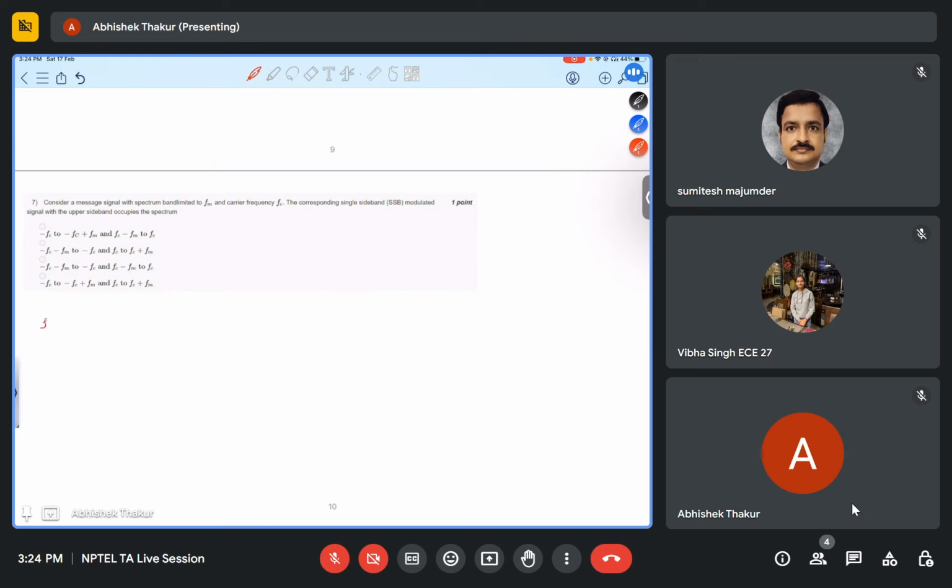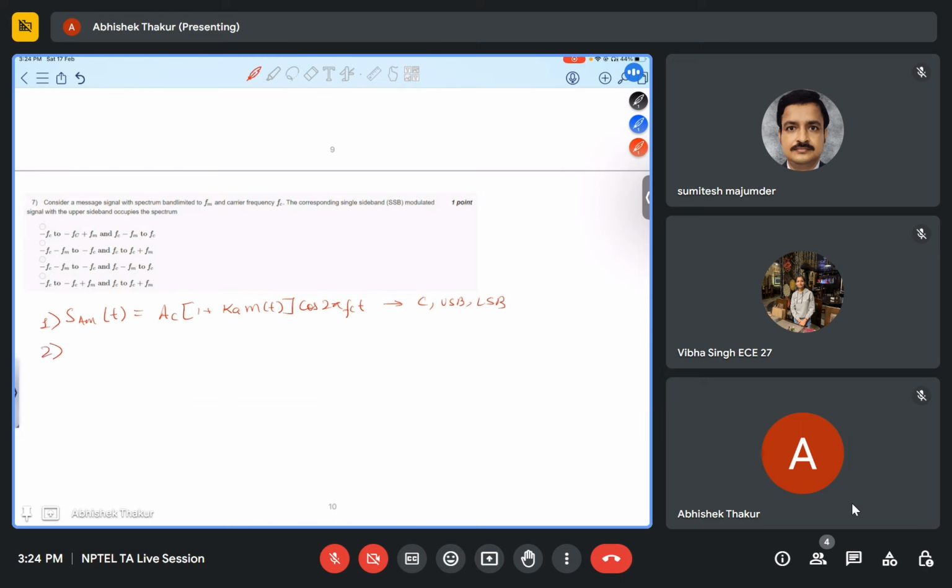The first one we studied is the AM signal. So the equation is given as 1 plus k m(t) cos of 2 pi fc t. So this signal have carrier, upper sideband and lower sideband.